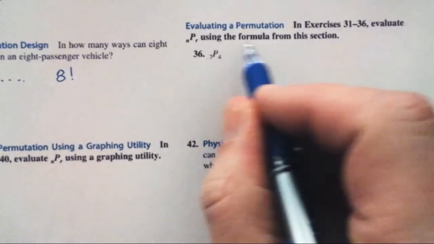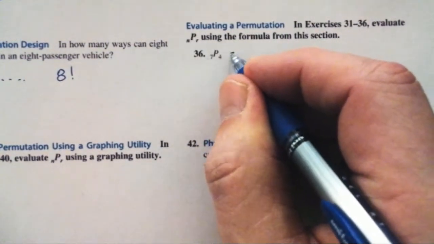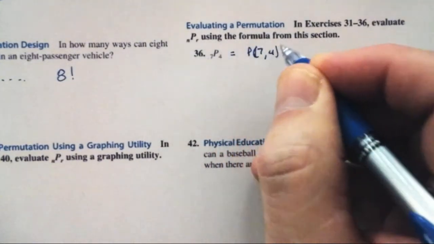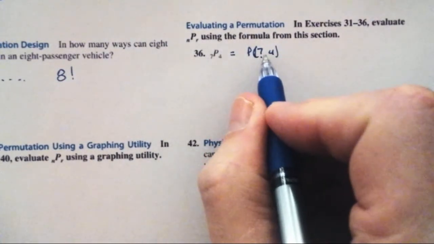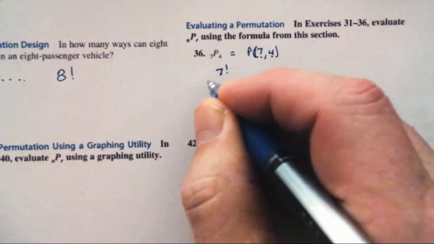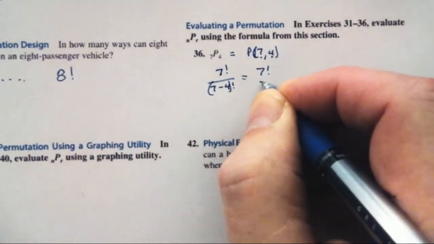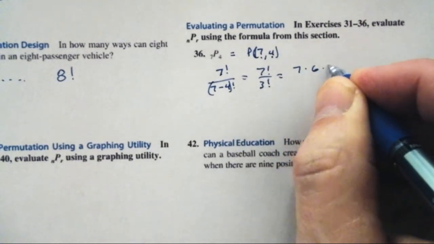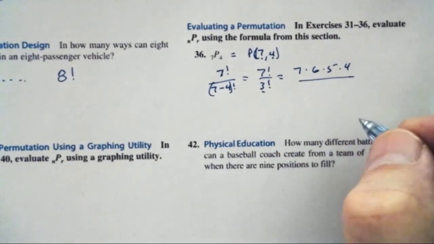Evaluate this permutation using the formula from this section. Well, we can call it P7, 4. And a lot of people will say this is permutation 7, length 4. See, this becomes 7 factorial over 7 minus 4 factorial, or 7 factorial over 3 factorial, which is 7 times 6 times 5 times 4, and the 3 on down cancels.